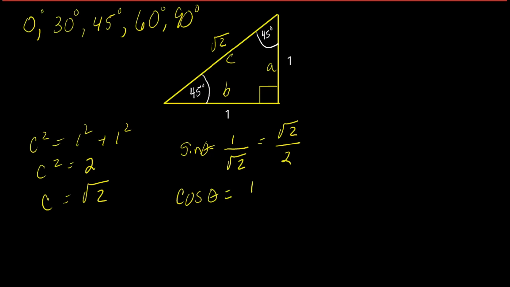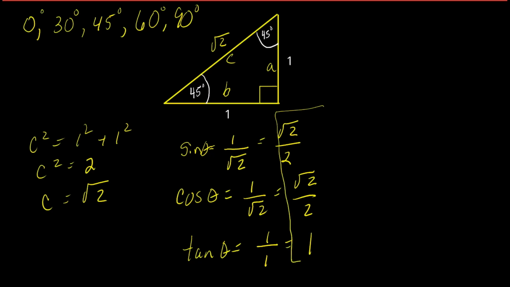It will be 1 over the square root of 2, which is equal to the square root of 2 over 2. Tan theta will be opposite over adjacent, so that will give me a 1. So that's the sine, cosine, and tan of theta for a 45-45 degree triangle.